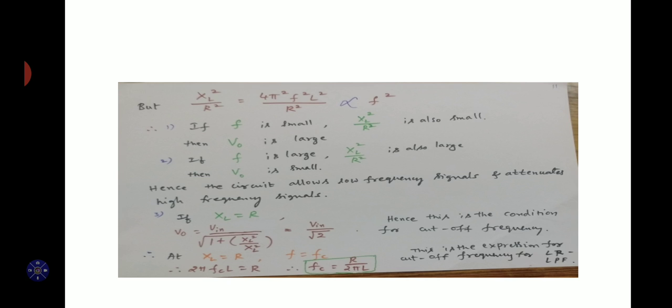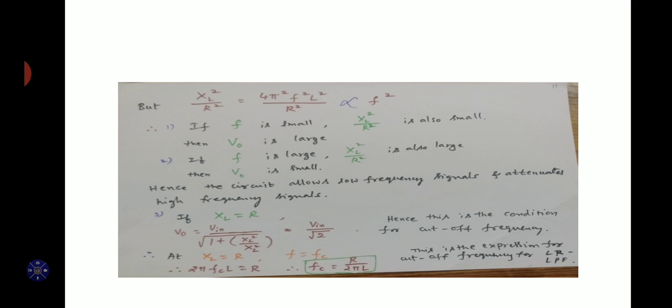Therefore, cutoff frequency can be defined as the frequency at which the gain or output voltage becomes 1 by root 2 times the maximum gain or maximum voltage, called the cutoff frequency, Fc. Therefore, at XL equals R, you know that F equals Fc.